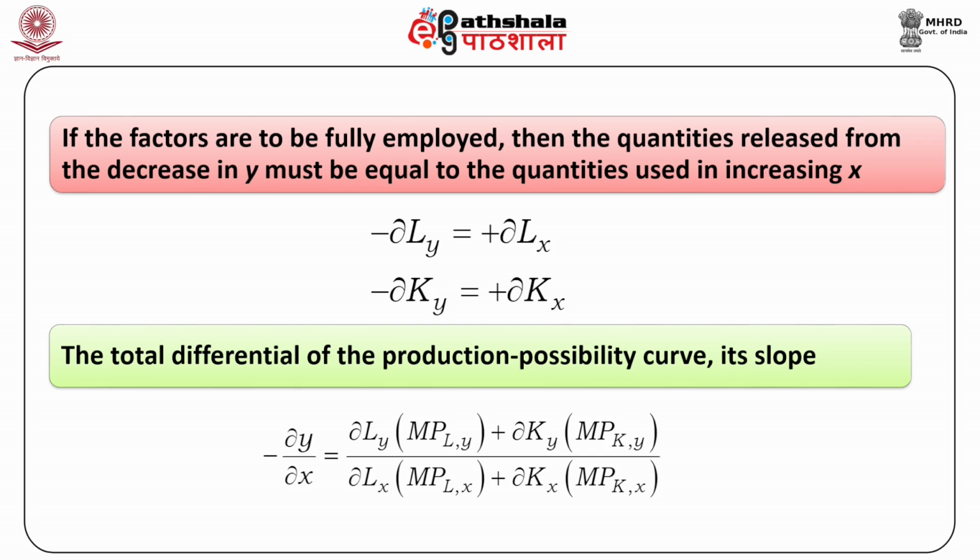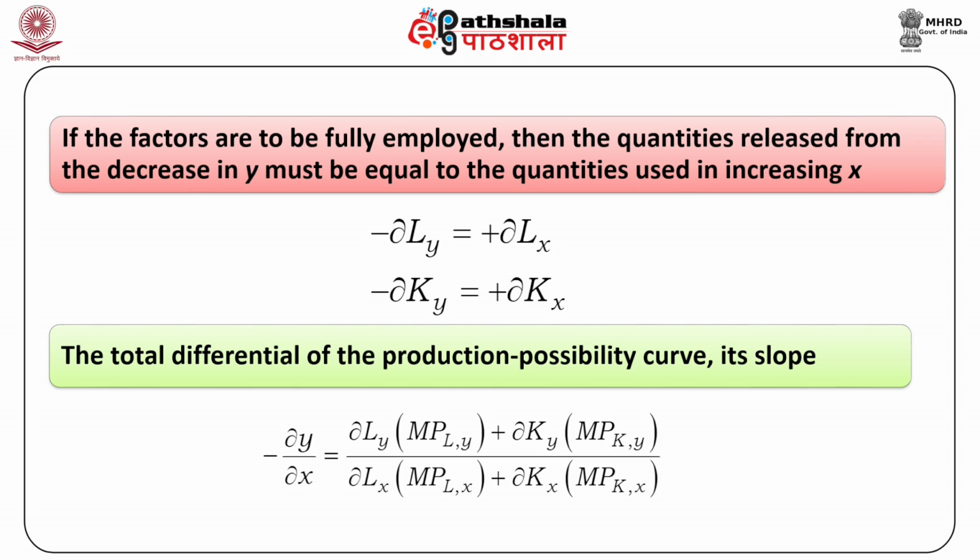This is a compensation of the utilization of factors of production released from the reduction in the production of y and an increase correspondingly in the production of x. This is a different kind of substitution. It is a substitution of both factors of production, some quantity of both factors, from the production of commodity y, and then these released factors are being used in the production of x.